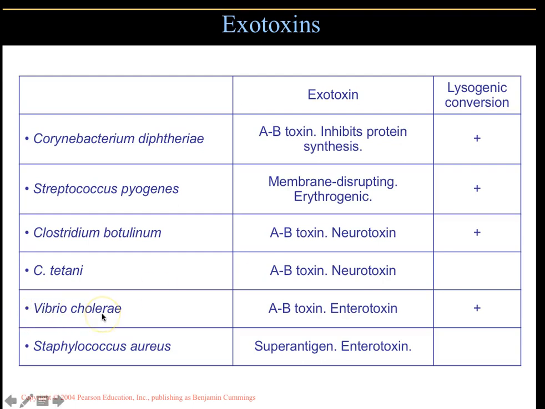Vibrio cholerae produces a dysentery that can be deadly and give a person cholera. That is an enterotoxin that can produce such massive diarrhea that the person can become so dehydrated that they die quickly. Staph aureus produces a lot of different toxins, but it can produce an enterotoxin that's a superantigen and is quite deadly.